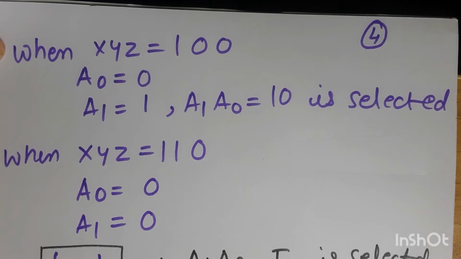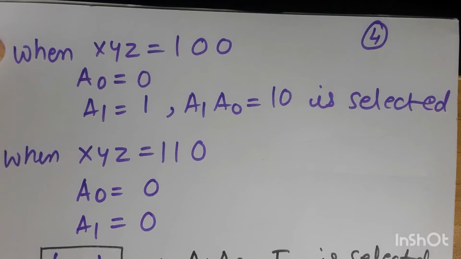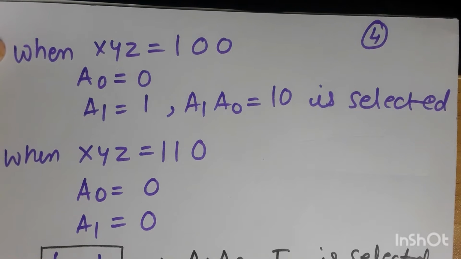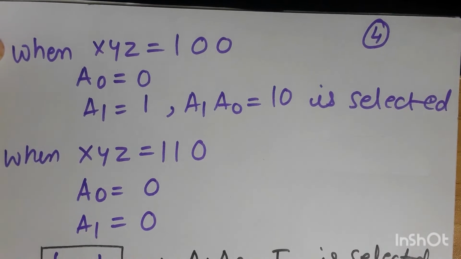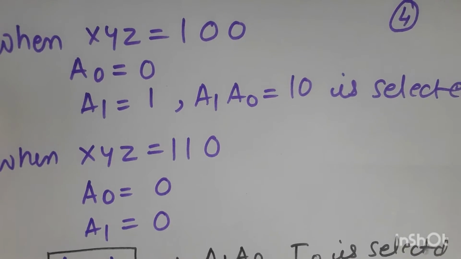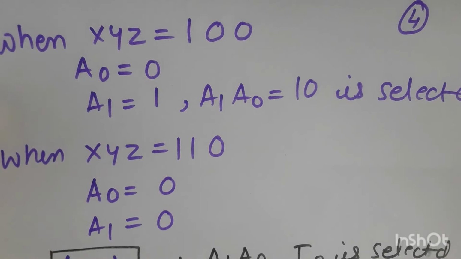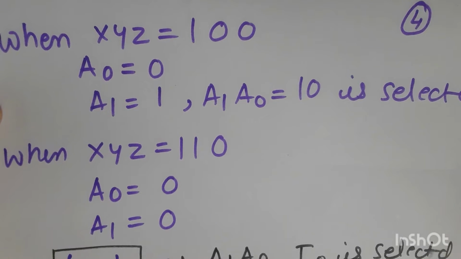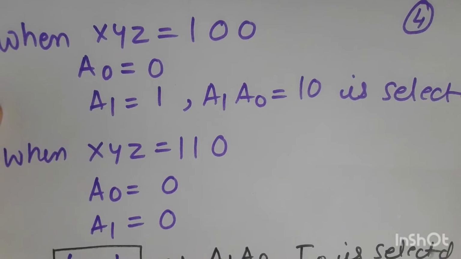When xyz is 1, 0, 0, A0 is equal to 0 and A1 is equal to 1. So A1, A0 is 1, 0, so I2 is selected. As I2 is connected to y, which is 0, therefore for this xyz the function is 0.